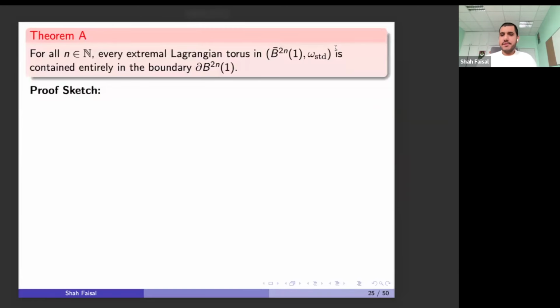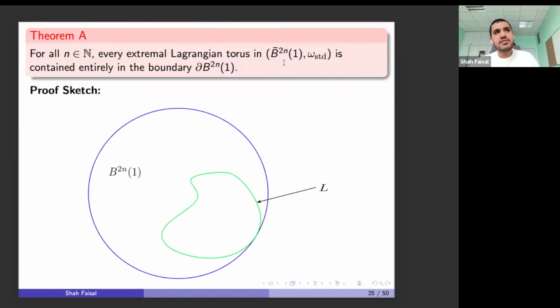All right. Now I explain the proof of the main result, which says that extremal tori in the unit ball are on the boundary. Take a Lagrangian torus that is extremal but is not contained entirely in the boundary, and I explain that it leads to a contradiction.